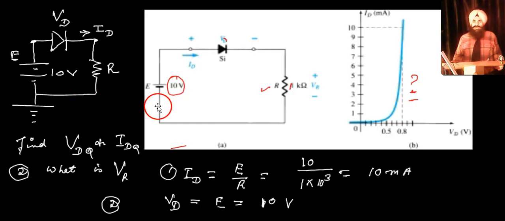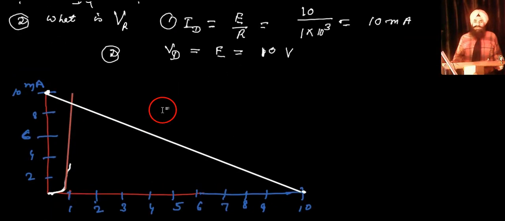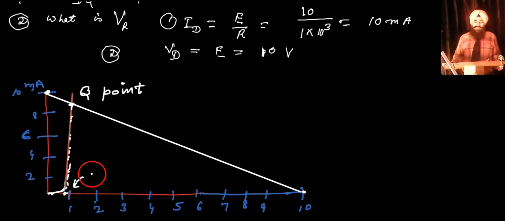Now draw perpendiculars, one along the x-axis and the other along the y-axis, where the load line cuts the characteristics curve. Draw exactly perpendicular. In this case, it is very near to 1 volt where it cuts the x-axis.